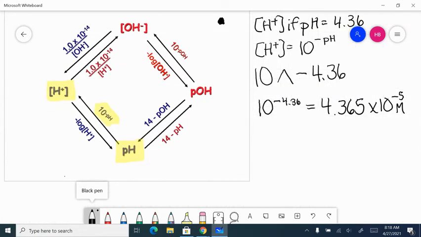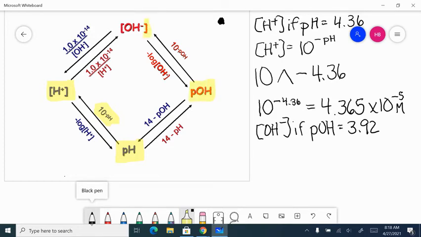How about if they asked you to find the concentration of OH minus if the pOH is 3.92. I'll go up to my square and say, okay, they gave me pOH.